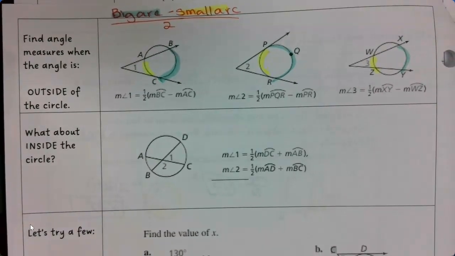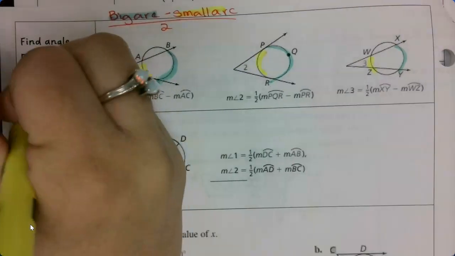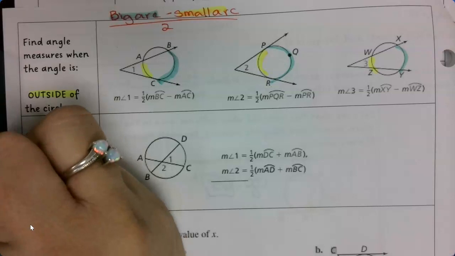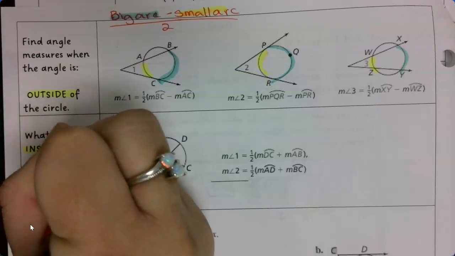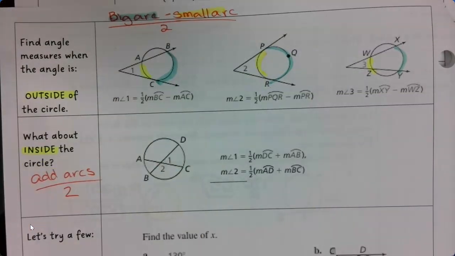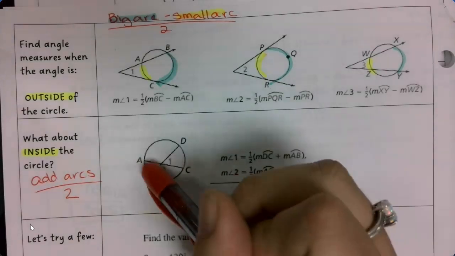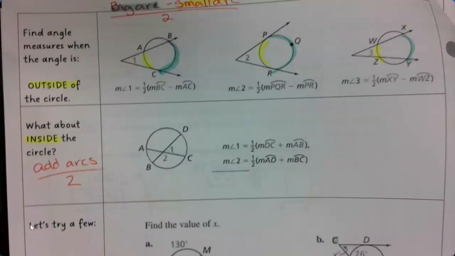If the two lines are touching inside the circle, so that was what we do if it's outside. Inside, we add the two arcs and divide by 2. So in this picture, I would add the DC and the AB together and then divide by 2.